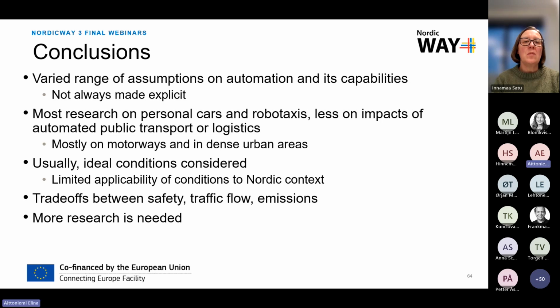So for robotaxis, it seems that they have been studied, especially in the US, but the impacts always come through the changes in the VKT. So at least the emissions impact comes from there, and for traffic flow, I did not find many studies that would look at traffic flow. So yeah, there's also one area that needs more research.